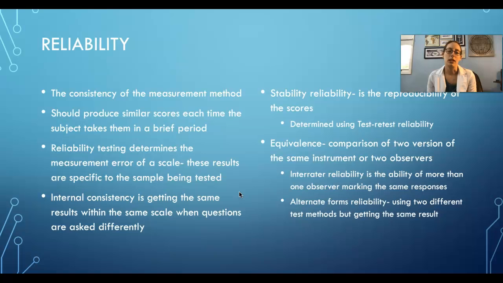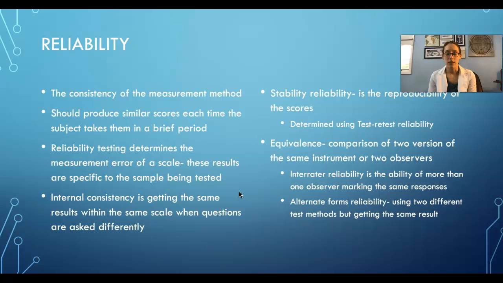And then there's reliability. So that's the consistency of the measurement method. So if in the beginning the scientist is super careful and measures down to 1/4 of an inch on every single patient, and then by the end they get sloppy and they're measuring a 1/2 inch or a full inch off, then the consistency is incorrect. It should produce similar scores every time the subject takes the test in a brief period.